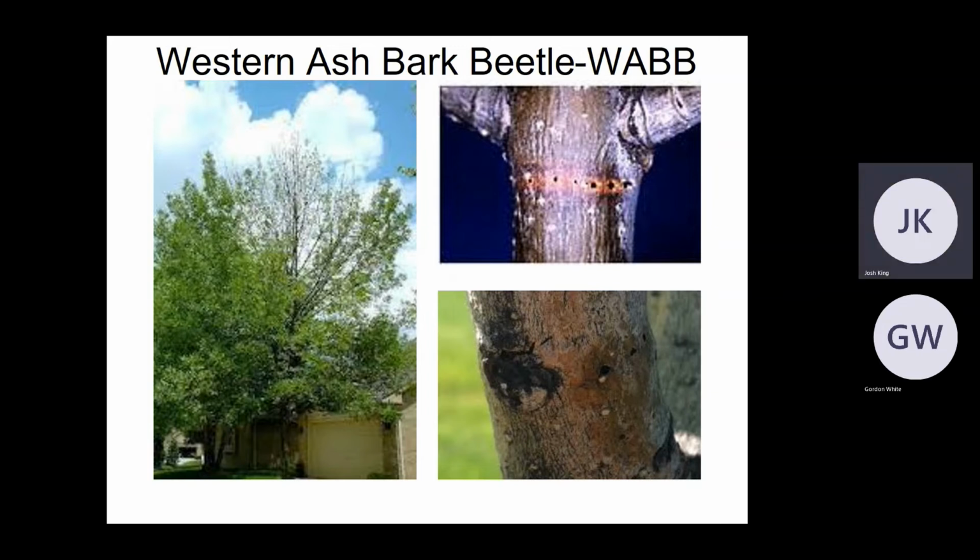Control: I should Google it, but I'm pretty sure there are no registered chemicals for this pest. However, there are some products being used for injections, registered for emerald ash borer and elm scale, that would probably control this. Injections are expensive.